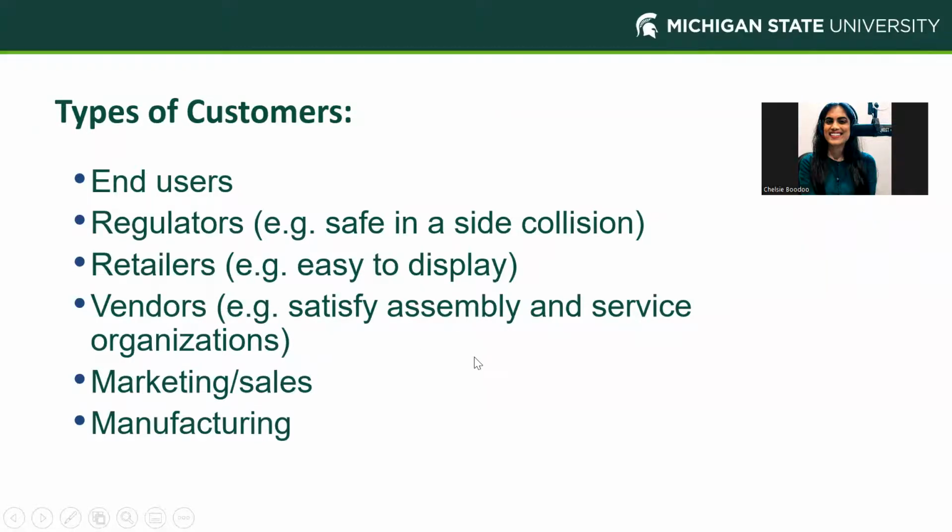Vendors, how are they going to assemble these products? What are their service requirements? Marketing and sales, how are these products to be marketed? And manufacturing, how are these products going to be manufactured? These are very basic, but yet many times we miss these points. That's why you have to bring the customer's voice in as soon as possible, even as early as TRL2.